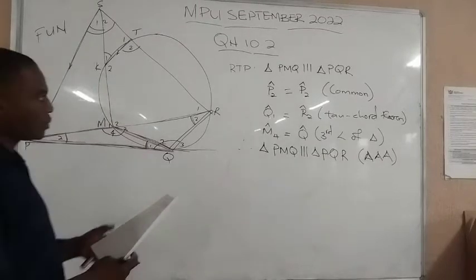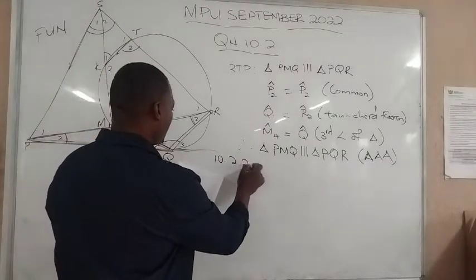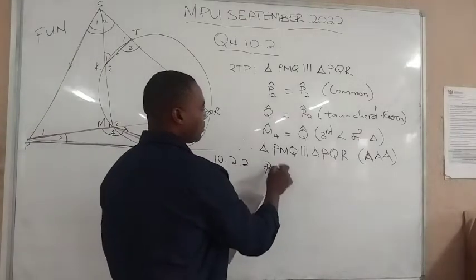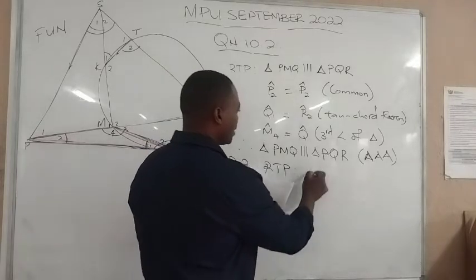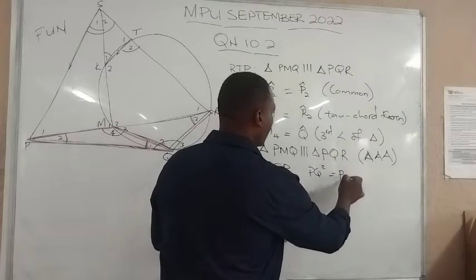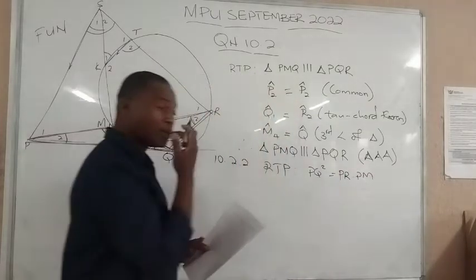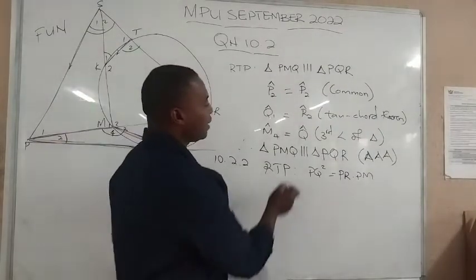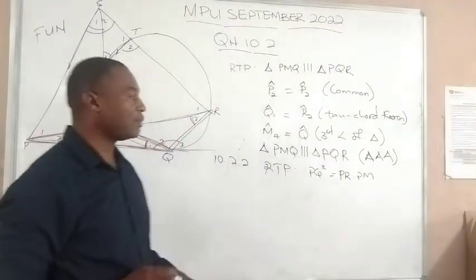Now 10.2.2, you are required to show that PQ squared is equal to PM times PR. Now, at times you don't need to think so much, especially when you have proved that you have 2 triangles that are similar.